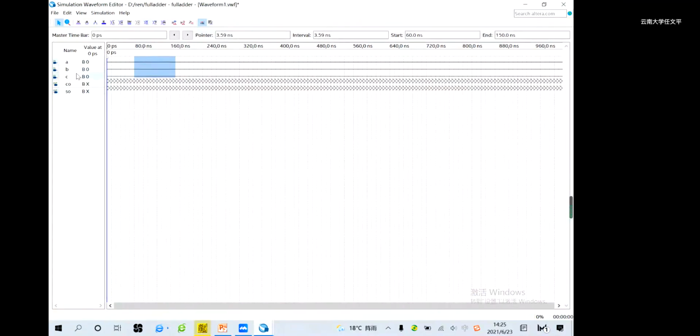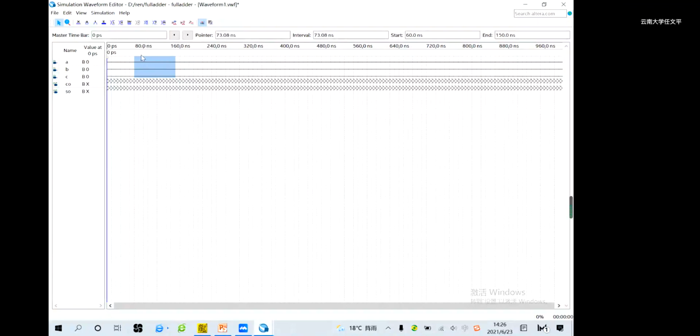Because ABC is 3-bit binary, the value can be from 0,0,0 to 1,1,1. Total 8 states: 0,0,0, 0,0,1, 0,1,0. We can simulate according to the demand of the test.